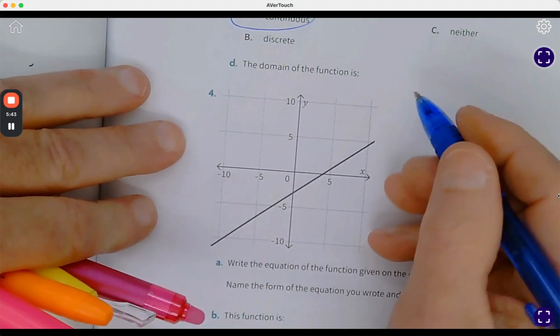All right, so let's find some things. I'm going to make a table, n and y. So n: 0, 1, 2. 2 to the 0 is 1. Put in a 1, 2 to the 1 is 2. Put in a 2, 2 to the second is 4. Put in a 3, 2 to the third power is 8.